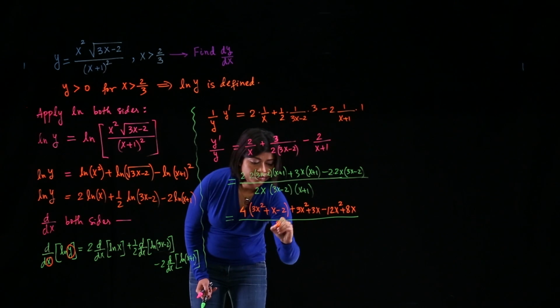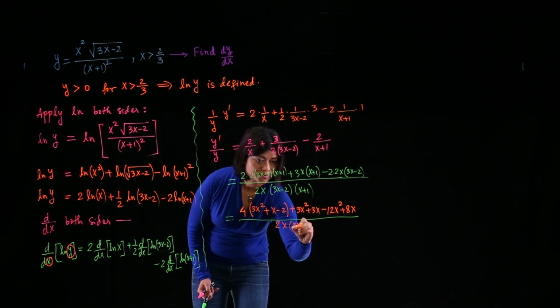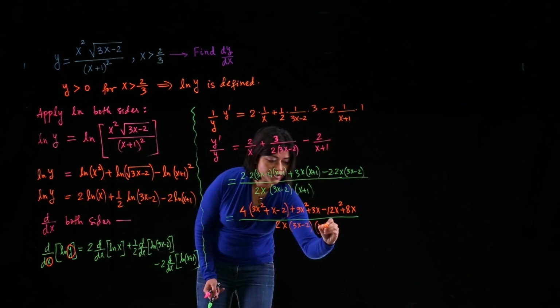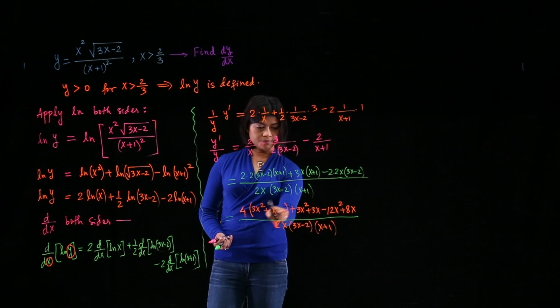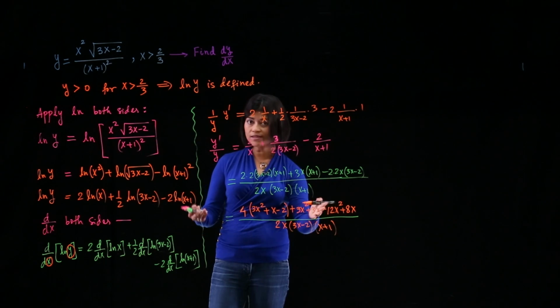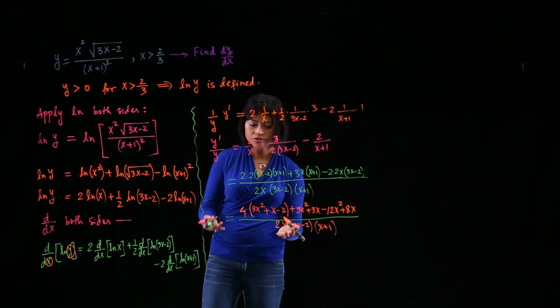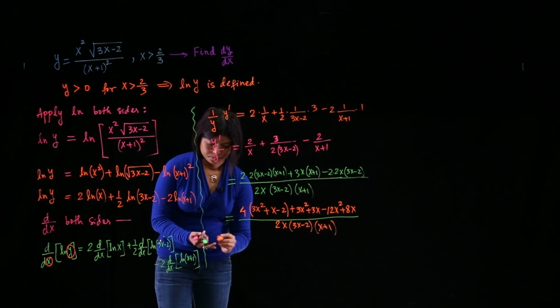Okay, denominator we have 2x, 3x minus 2, x plus 1. Let's distribute this 4 and let's see if anything cancels out or if we can find common terms that we can group together.